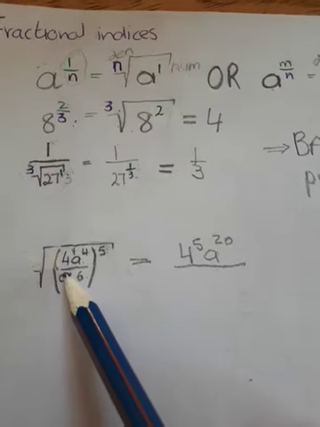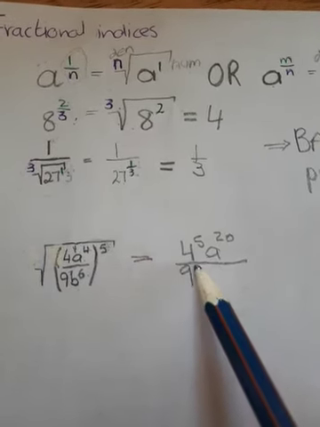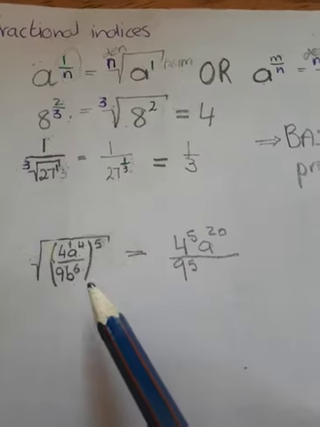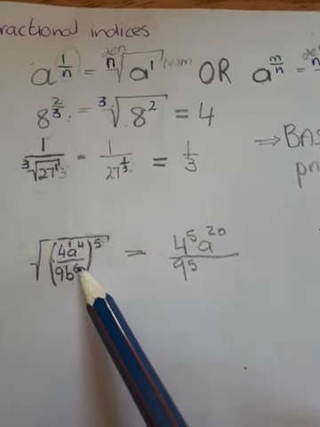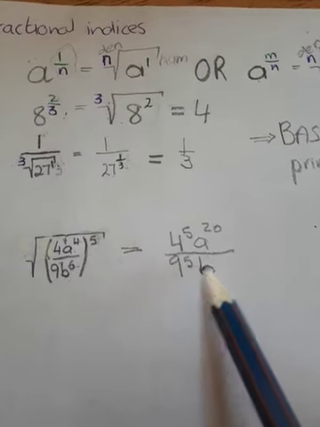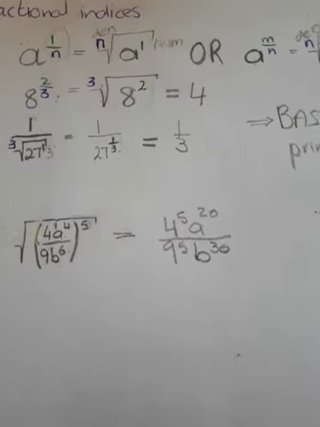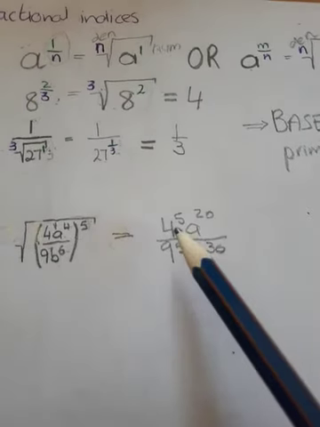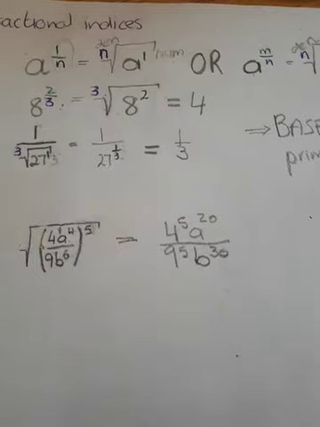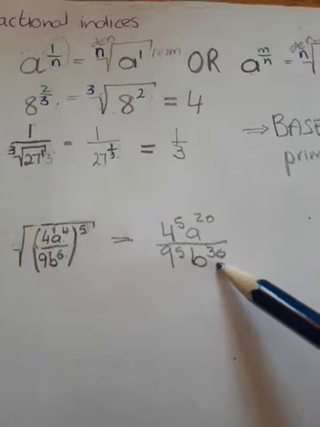So that's 9 to the power of 1 times 5, which is 9 to the power of 5, and then b to the power of 6 times 5, which is b to the power of 30. Now in most cases again, you can just simply place 4 to the power of 5 and 9 to the power of 5, which will then give you an answer.